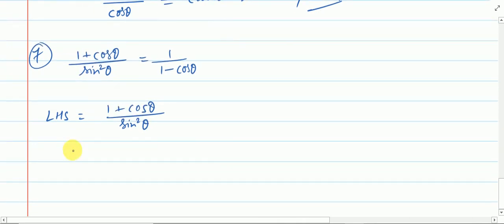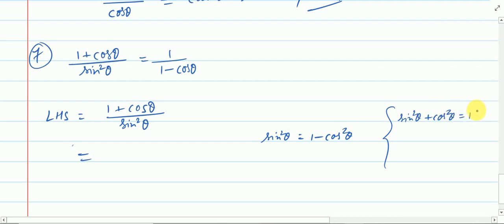Now so here 1 plus cos theta upon sine square theta. This sine square theta can be written as 1 minus cos square theta, using the first identity. Using this identity, you can get sine square theta is equal to 1 minus cos square theta.